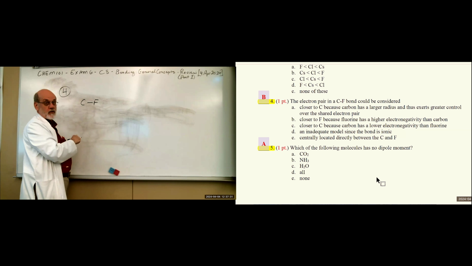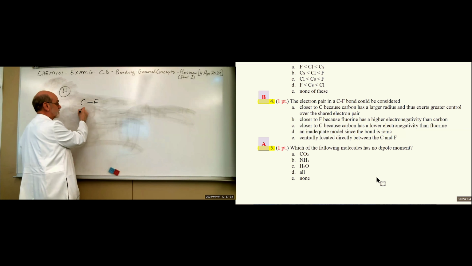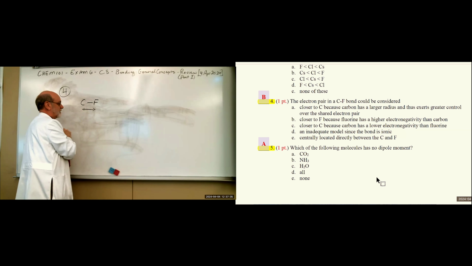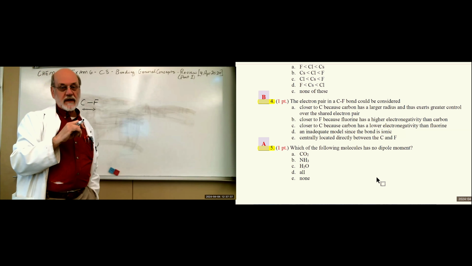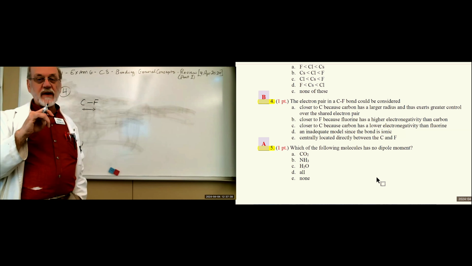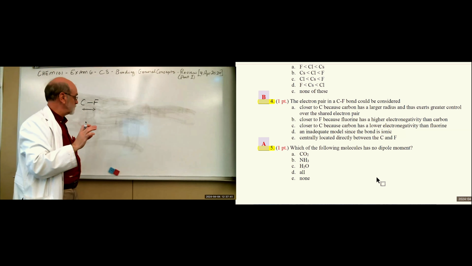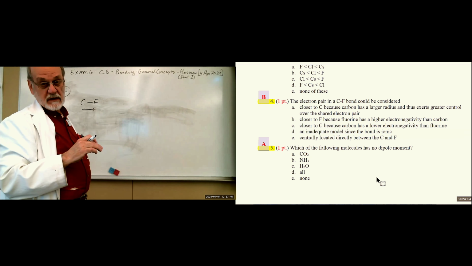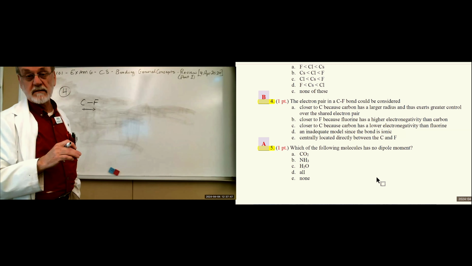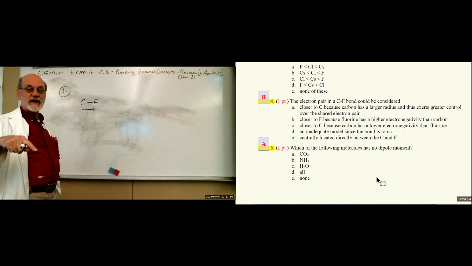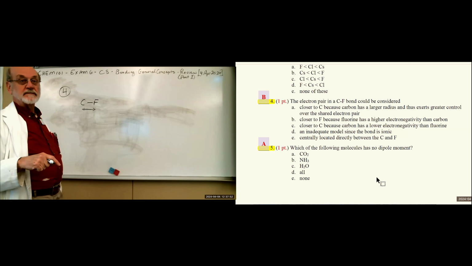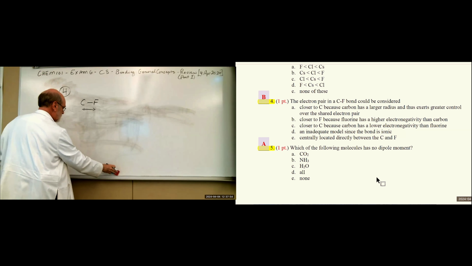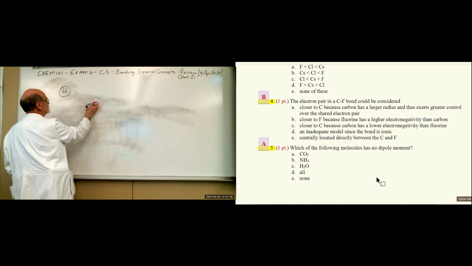It has to be toward fluorine because it's the most electronegative. So the electron pair is going to be closer to fluorine, which would be B, because fluorine has a higher electronegativity than carbon. Right?